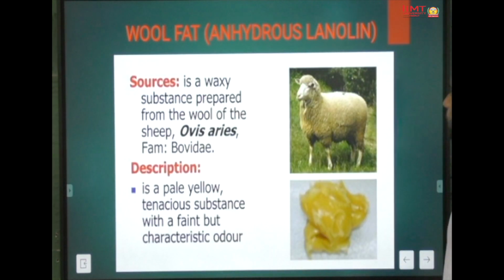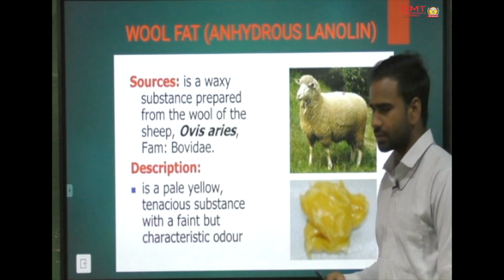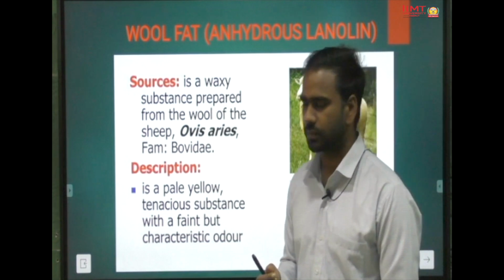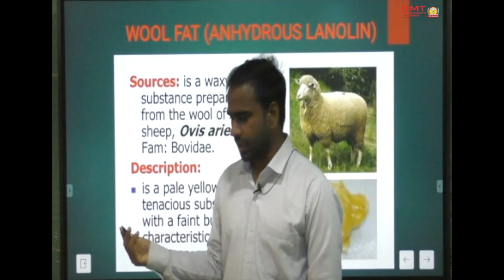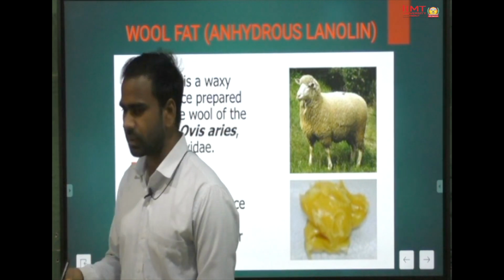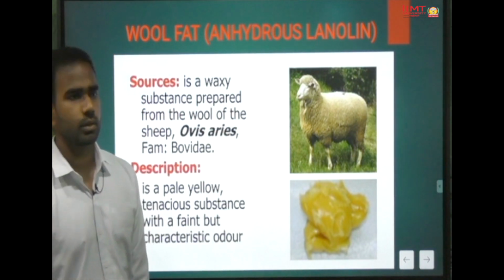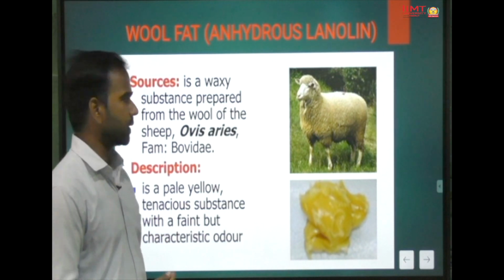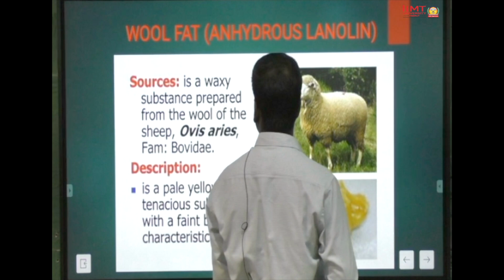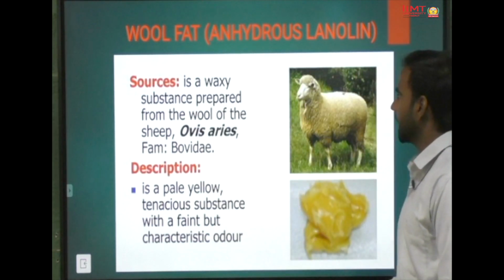So here is the wool fat, that is anhydrous lanolin. Lanolin is also present in several plants, but it is isolated from the wool fat of sheep.